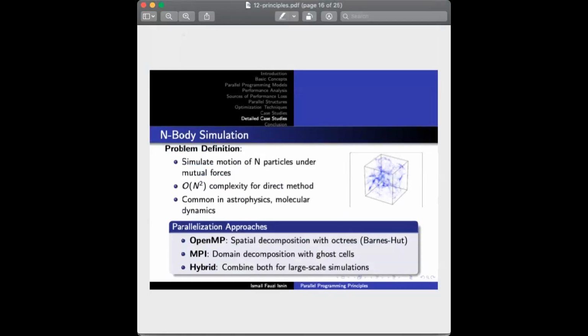Looking closer at the N-body problem, our core definition requires us to simulate the motion of N particles under mutual physical forces.